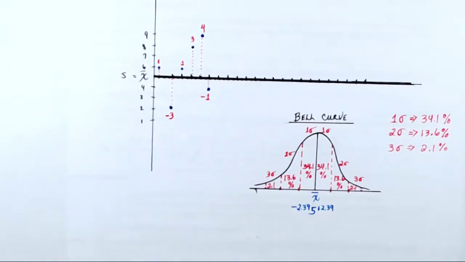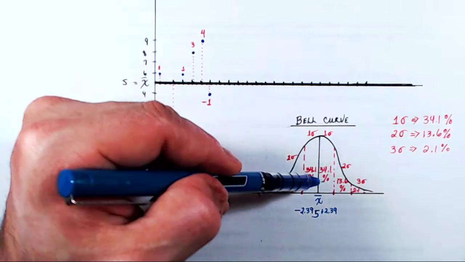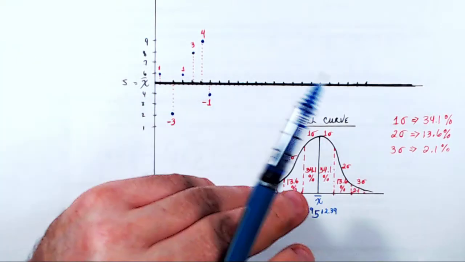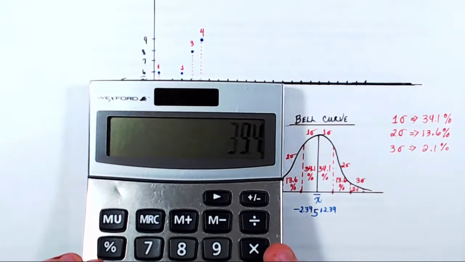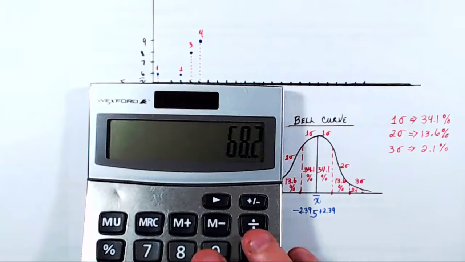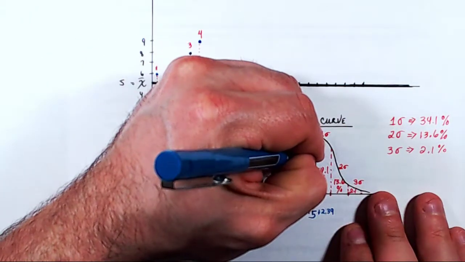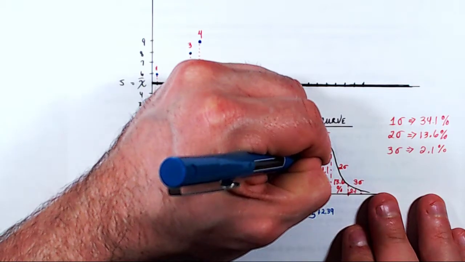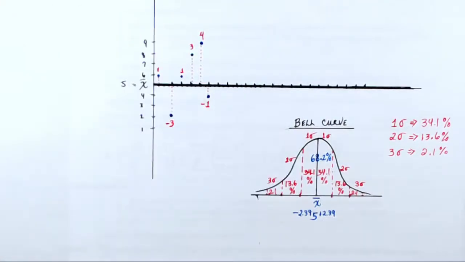Okay, so what it's saying is that if you add up a standard deviation to the left and a standard deviation to the right, you get 34.1 times 2, 68.2% of the data falls within one standard deviation on either side of the mean.